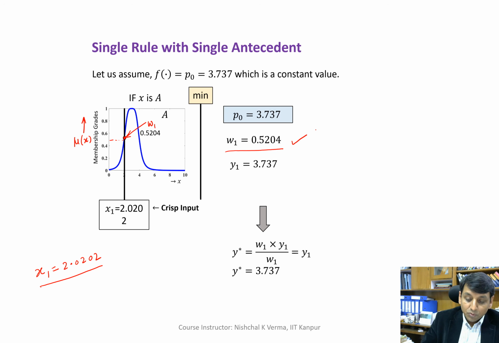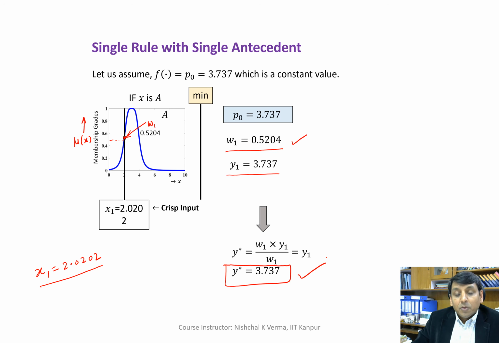So the same value will be transferred to the output here for the weighted average. So W1 is known. Now how will we have the y1 corresponding to this rule? If we are supplying x1, the corresponding output is y1. So y1 will be 3.737, which is the same as p0, because this output is not depending upon the input. So we have y1, and the final output will be the same even when we do the weighted average.